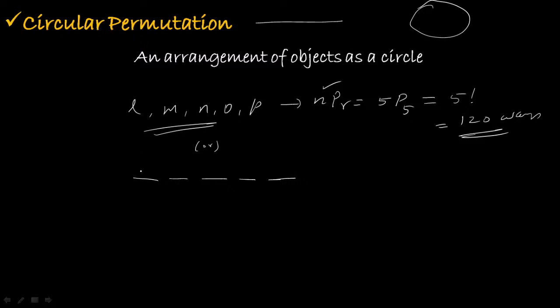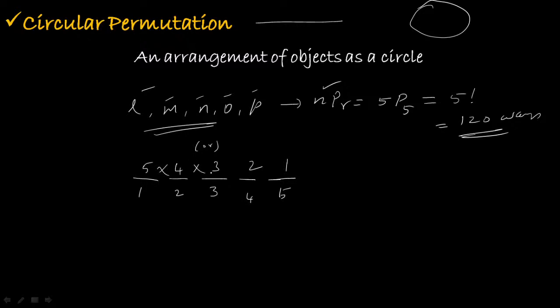For the first position, you have 5 different possibilities: either you can take L, M, N, O or P. For the second position, you have only 4 different possibilities. For the third position, only 3. For the fourth position, 2 possibilities, and for the last, fifth position, you have only 1 possibility.